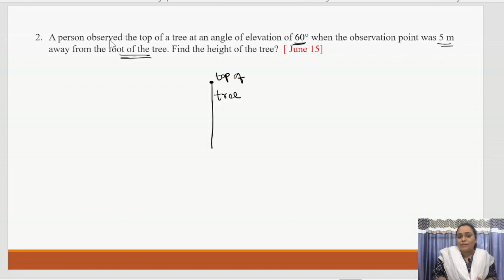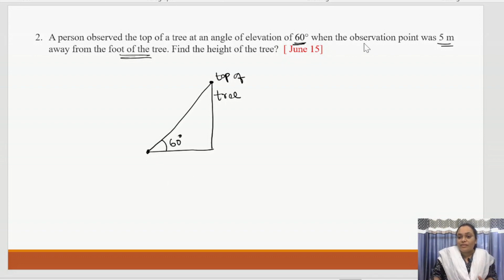A person observed the top of a tree at an angle of elevation of 60 degrees. So, when he is looking at the top of a tree, he will raise the head, right? So this is the angle formed. This will be 60 degrees. From here, he is looking at the top of the tree.